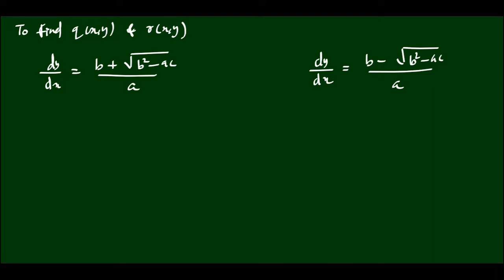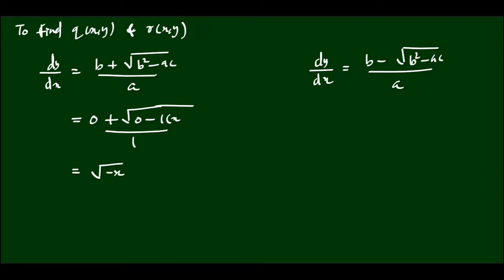Here in this question, b is 0, a is 1, c is x, so the first equation gives dy/dx = √(−x).